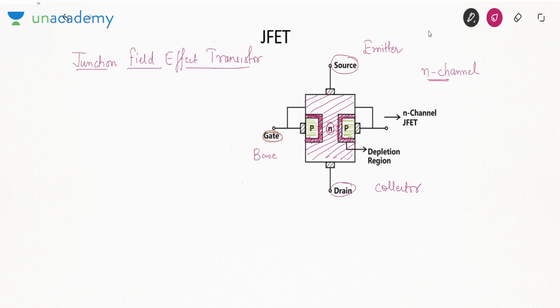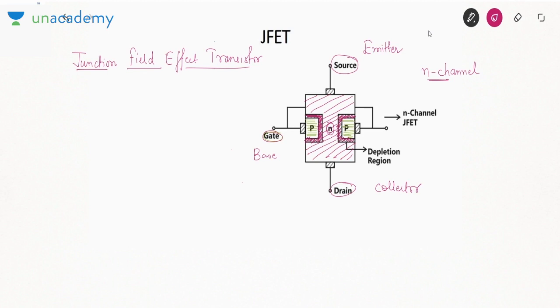Okay. So here the controlling terminal is the gate terminal, and the main terminals of the device are source and drain. Like when we were studying BJT in common emitter amplifier, I told base is the input terminal and output is taken between collector and emitter. Same way here gate is the input terminal and output will be taken between source and drain.